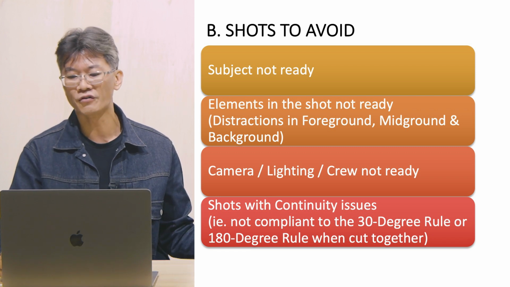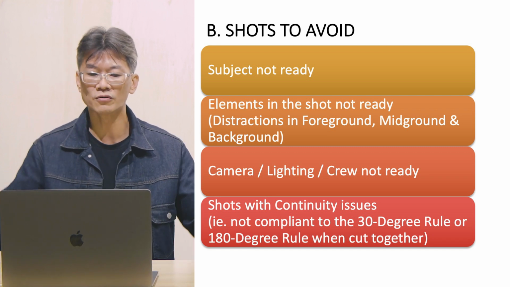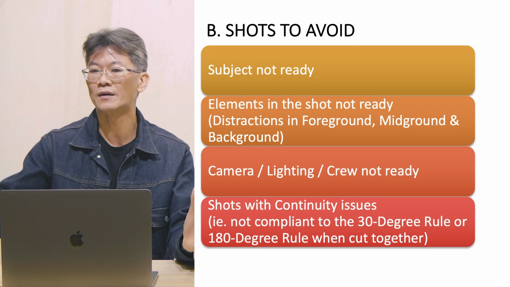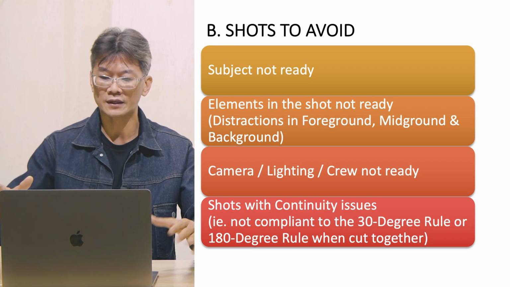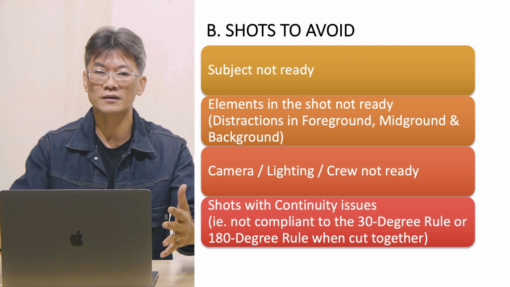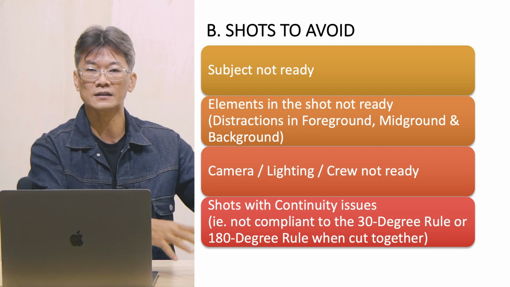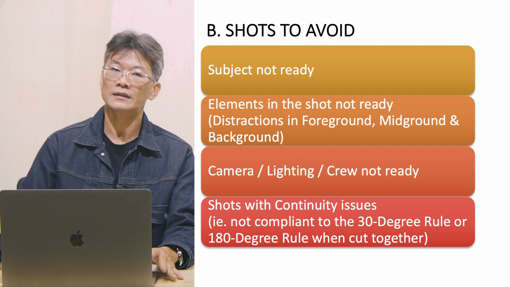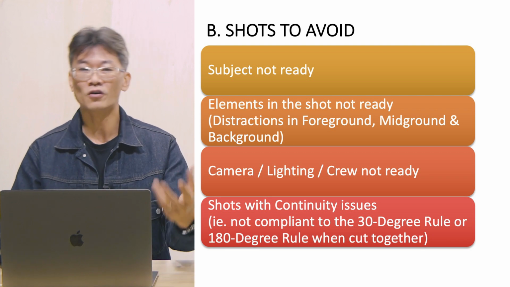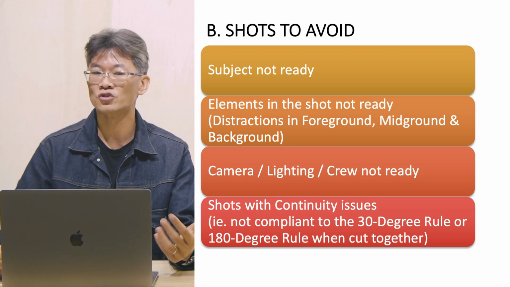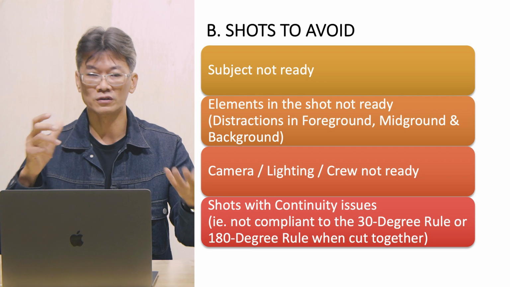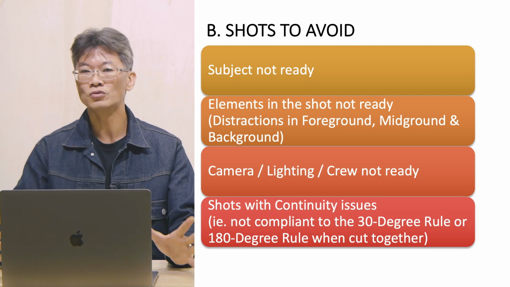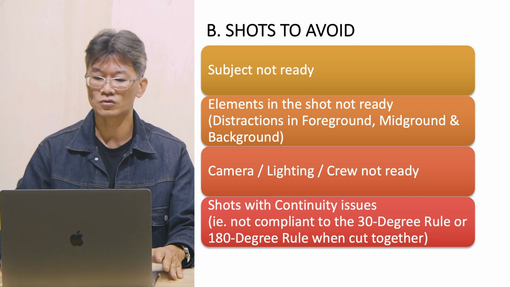Sometimes the foreground, midground or background, the surrounding things around him are not set up properly, or maybe attention is needed to make sure that the props and the stage design all around are okay. The camera or the lighting or the crew may not be ready as well. Certain shots are still adjusting or fine-tuning. So don't use those shots. These are shots to avoid.